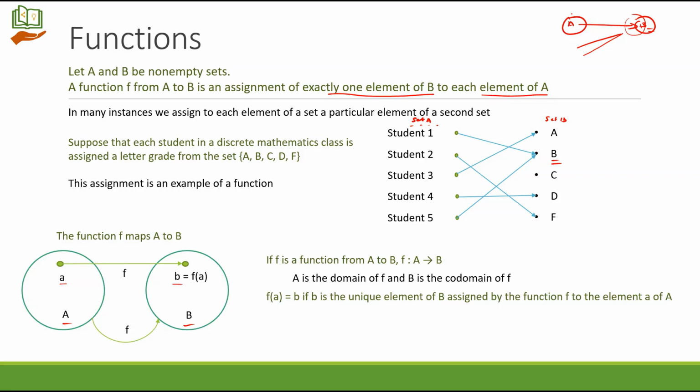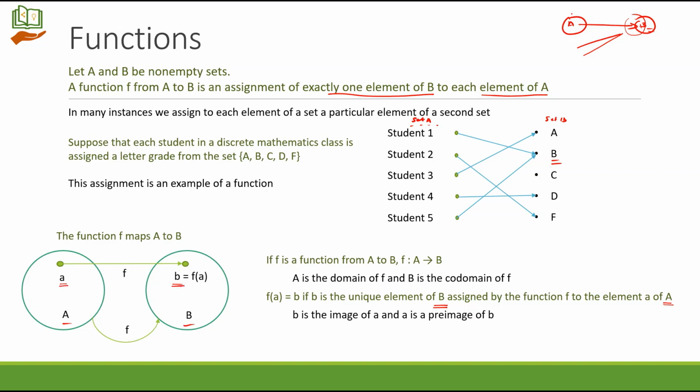This is what is written as b is equal to f of a. f of a is equal to b if b is the unique element of set B assigned by the function f to the element a of set A. So the unique element should be picked from the codomain for a particular element in the domain.